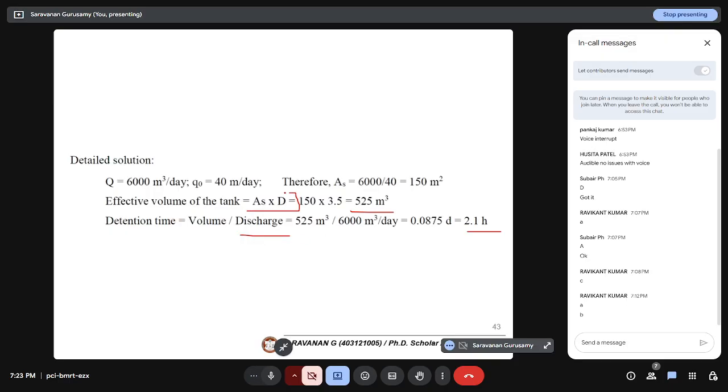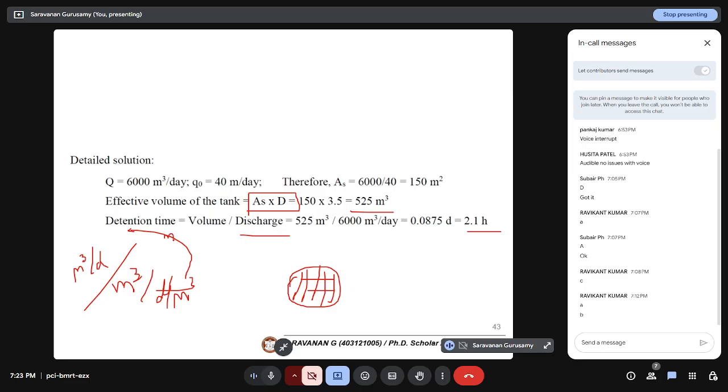Area into depth. How to find the surface area? Surface area is meter cube per day divided by meter cube per day per meter square, and you'll get the meter square. That's the surface area. If you know the surface area and the depth, you know the volume in meter cube. If you know volume in meter cube and you know the Q, you will get the time.